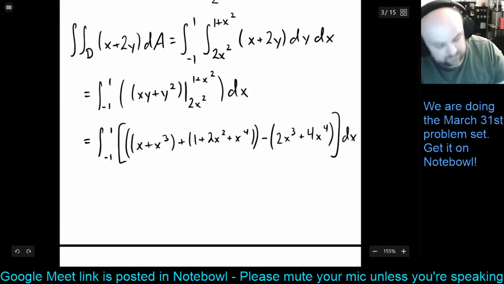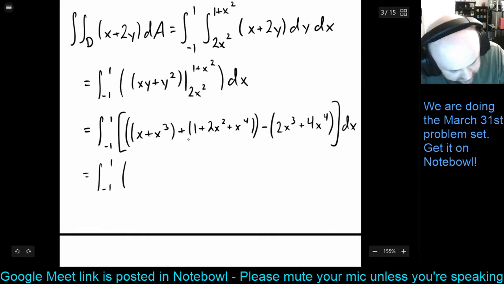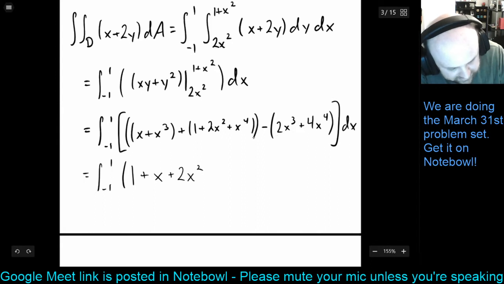So let's simplify what we can here. Integral from -1 to 1 of, we get a 1 of x, 2x squared, then we have x cubed minus 2x cubed, so minus x cubed, and x to the 4th minus 4x to the 4th, so minus 3x to the 4th.